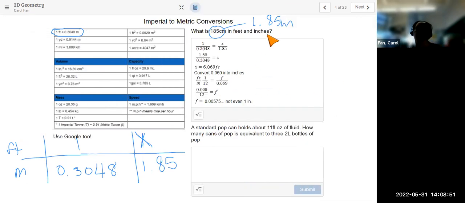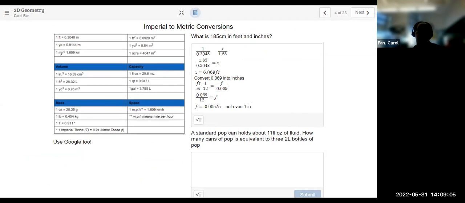Okay, so we could say that 1 meter and 85 centimeters is just about a little over 6 feet. Now I showed you this, and this is the long way to do it because technology is able to do all of this for you very quickly. When I first started teaching, I would make sure everybody knew how to do it because the internet was not handy.